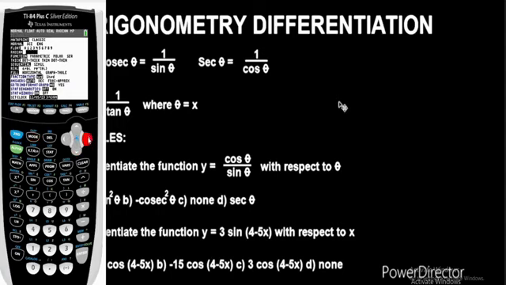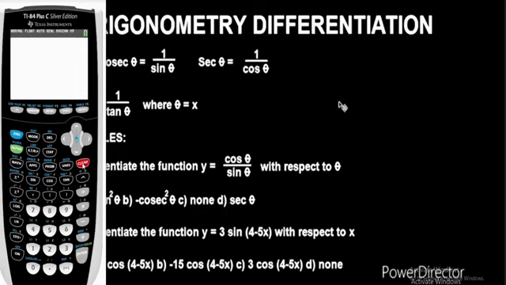If yours is on degree, switch it to radian by pressing the left arrow key, then press enter, and it will change from degree to radian. It's as simple as that. So we are good to go. Let's go back and press clear.